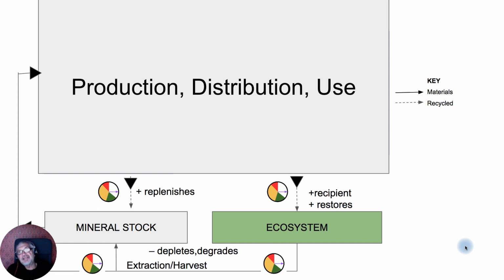We can already see now, even in this simple model, that we want our production system to be run in a way that neither the mineral stock is depleted nor the ecosystems are degraded to a point where it doesn't work.